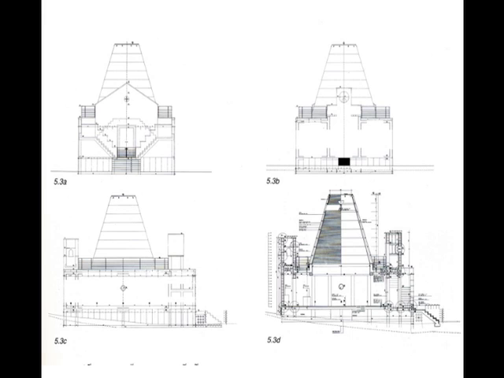So the elevation shows the true flat surfaces of the building. It's not a perspective. An elevation of the building is exactly as if you made a photocopy of the building on a screen. That is the elevation of the building.